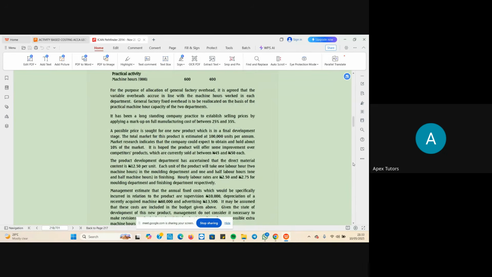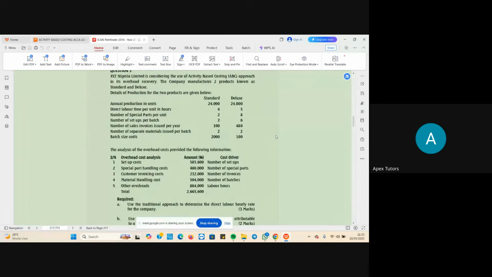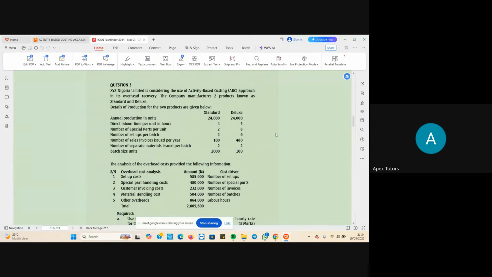Hours per unit, 2, relate to the units produced, overall units produced. For standard, you relate it to the overall units produced. So for you to know the total hours used, it will be 2 multiplied by 24,000, where 24,000 is the units produced for standard.